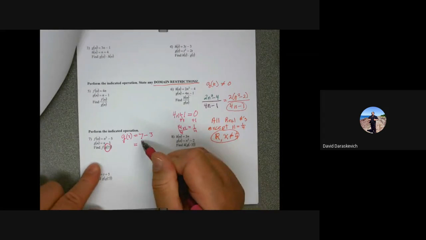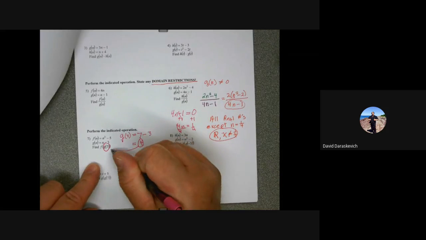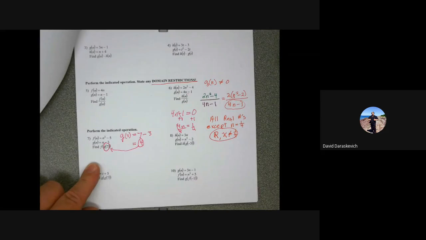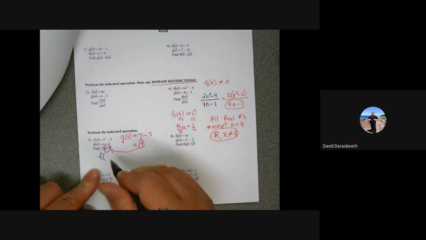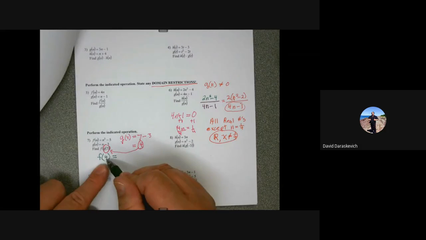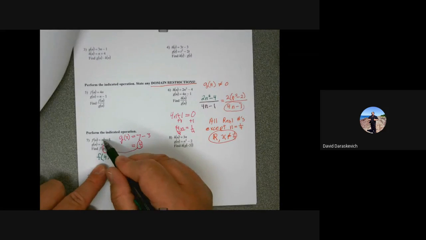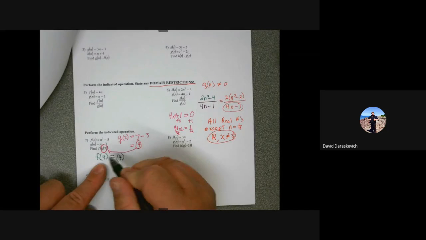So I'm going to take this 4, replace the g of 7 with that. So I end up with the f of, and this time I'm going to put 4 in there for the g of 7. And now all I have to do is figure out what the f of 4 is. And again, I'm going to replace n with 4.